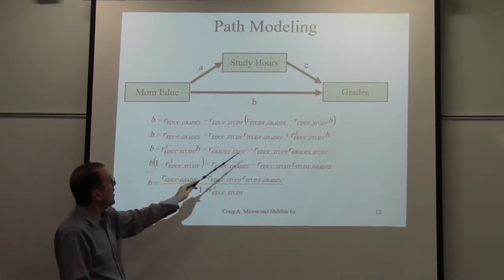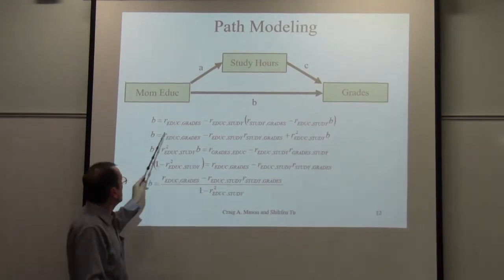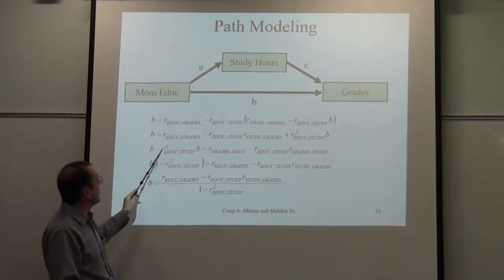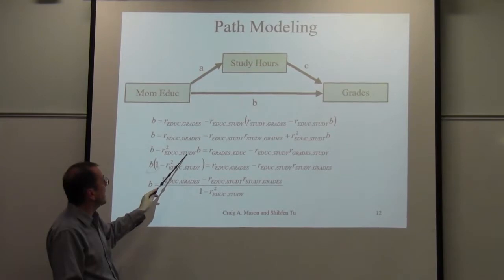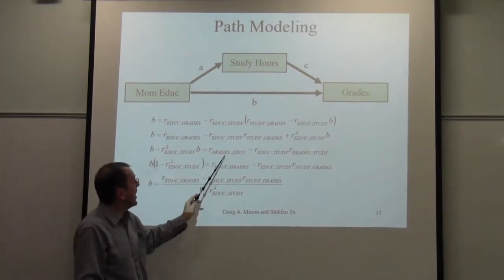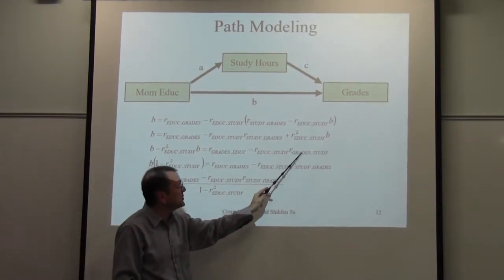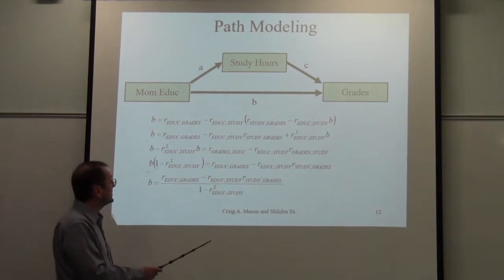Let's then get all the B's to one side of the equation. So let's subtract this from both sides, and we get B minus the correlation of education and study hours squared times B equals the correlation of grades and education minus the correlation of education and study hours times the correlation of study hours and grades.